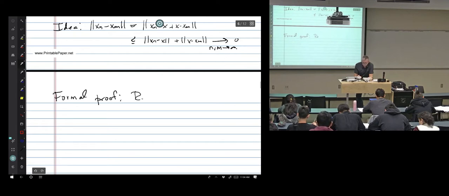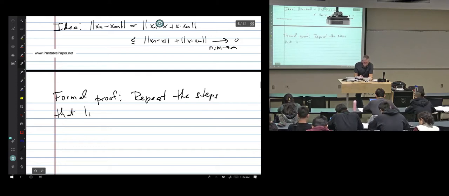Formal proof. Repeat the steps that limits of sequences are unique. It's the exact same proof, just change the variables a little bit.